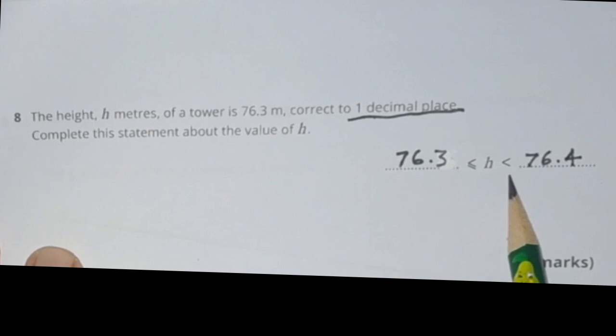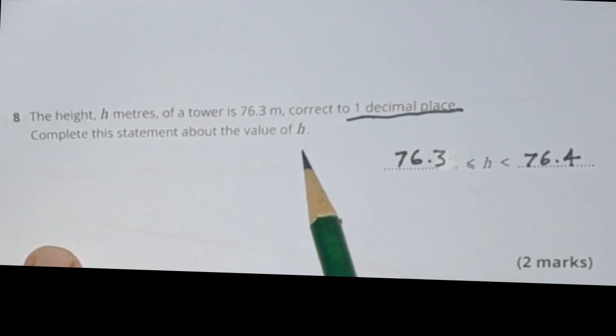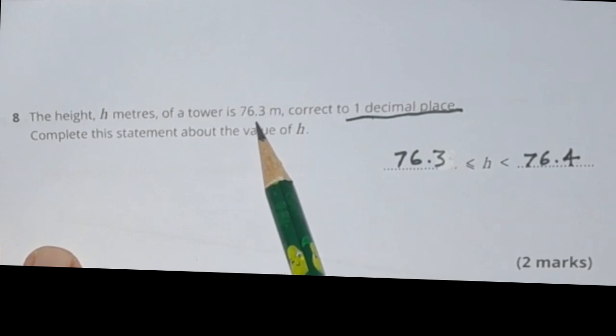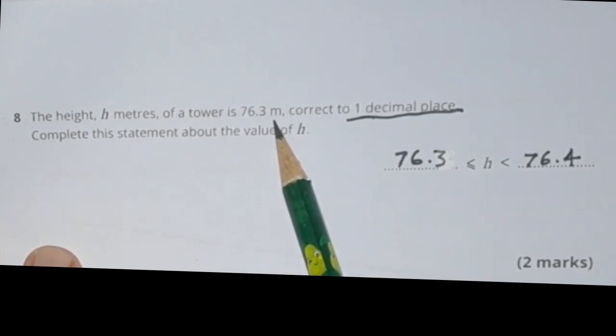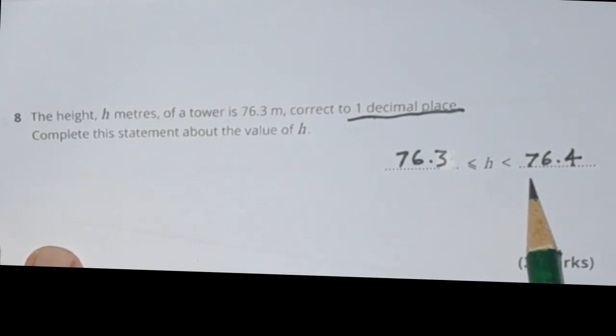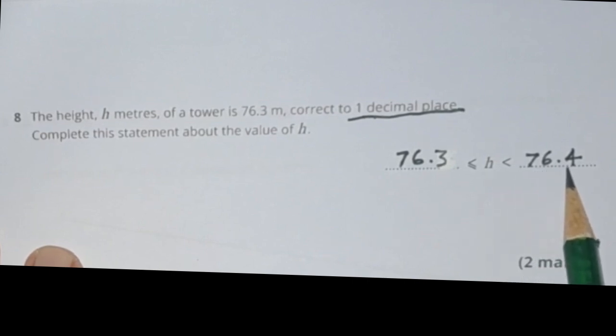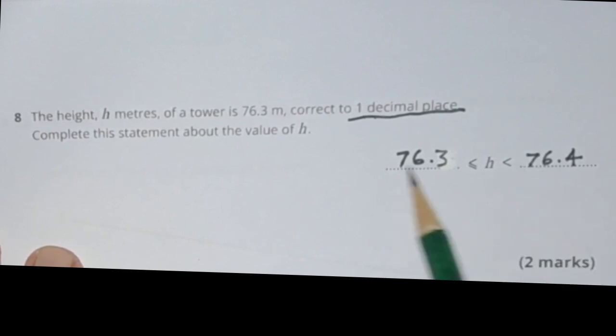Whereas when it is only less than, then as the height is 76.3 meter, we are going to write h is less than 76.4 meter, correct to 1 decimal place and get 2 marks.